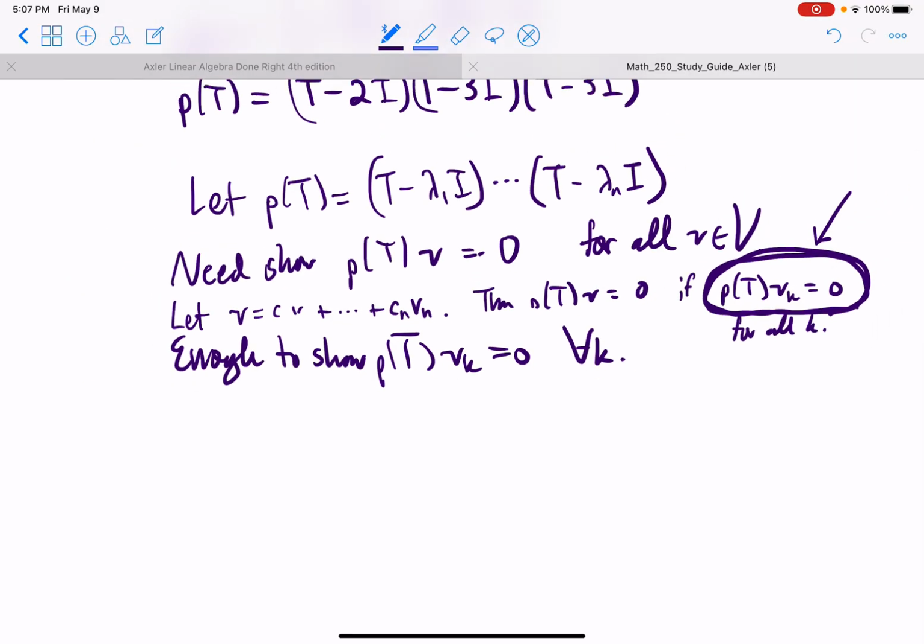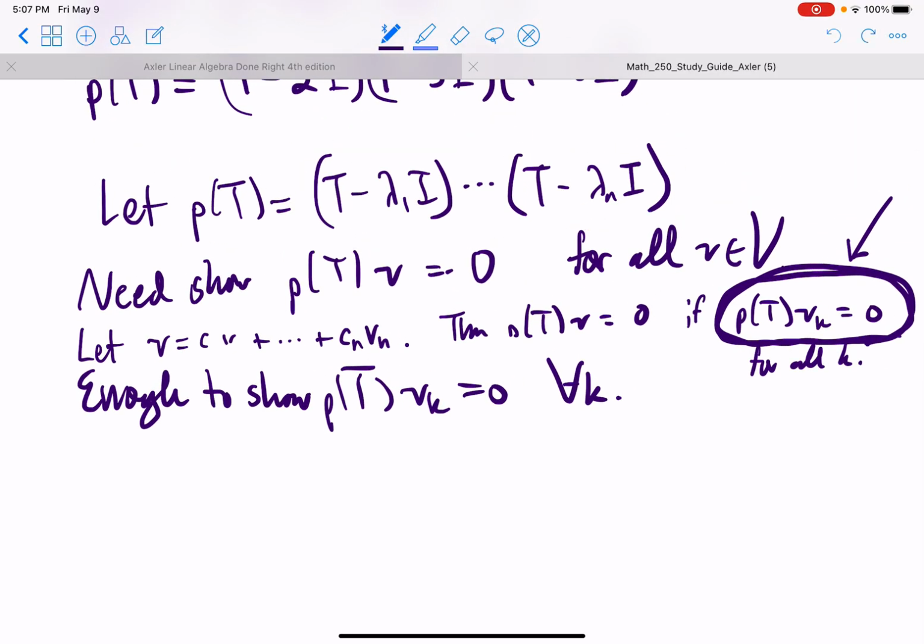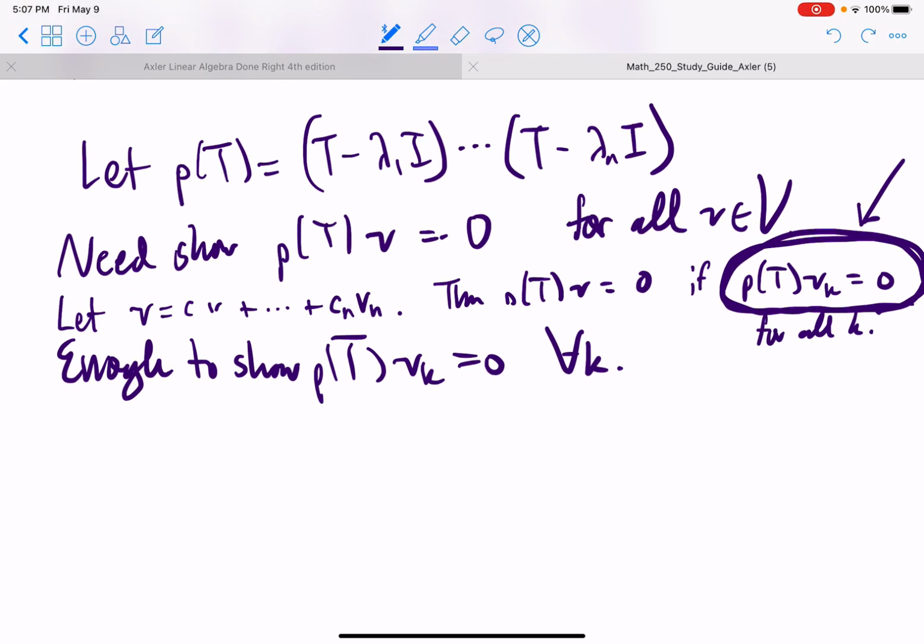Okay, and P of T is this thing. So let's try v1 first. P of T v1 equals 0, since we can put this factor first.